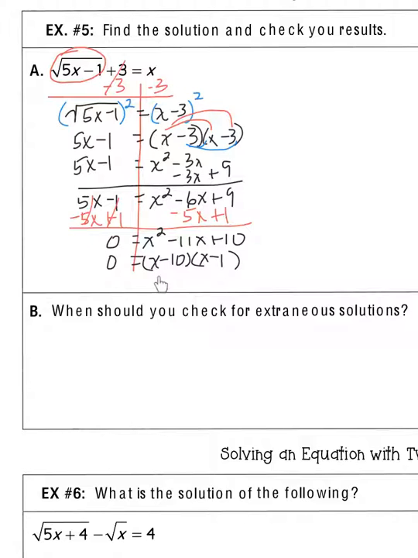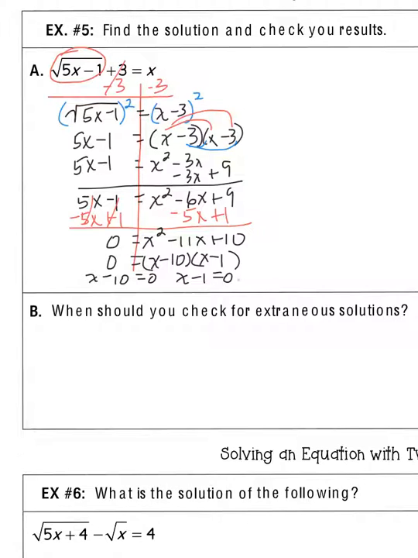Then, remember, if this product is equal to 0, then either this has to be 0 or this has to be 0. So you are going to set x minus 10 equal to 0 and the x minus 1 equal to 0 to solve.